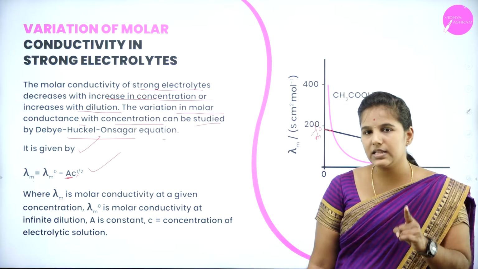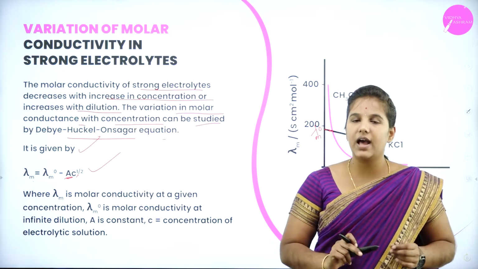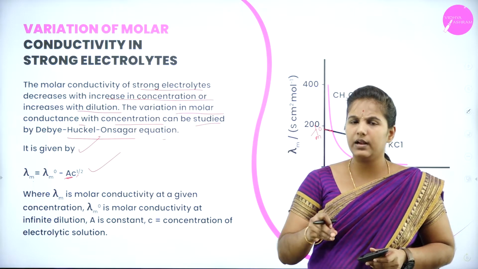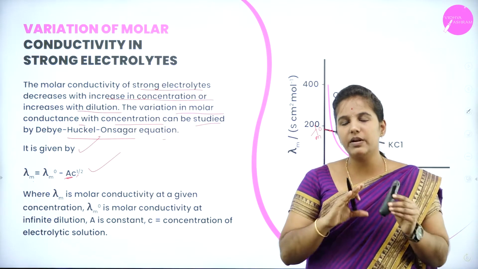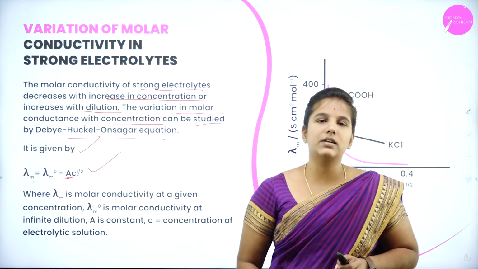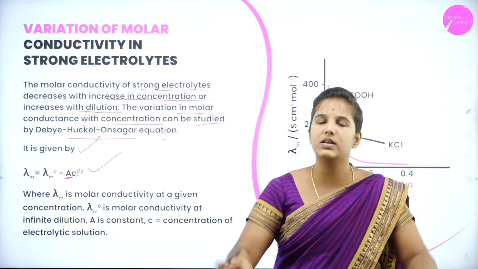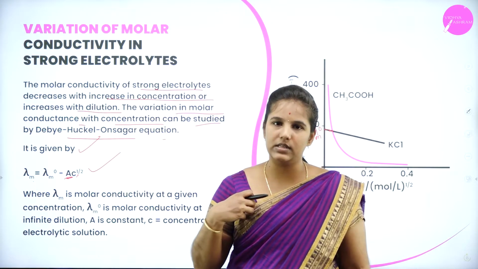Remember, in the case of a strong electrolyte, because of the stronger interactions between the ions, they are not very effective in conducting electricity. But if you dilute the solution, the interionic interaction will break, the ions will get separated, and once they become free, they are responsible for conducting electricity.